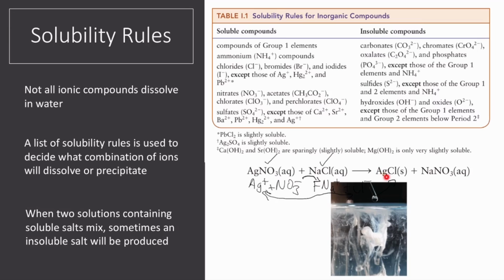Then we have silver chloride, and we see that chlorides are soluble, but there are exceptions, and silver is included, as well as mercury and lead. So this is a solid, precipitate, or insoluble, because it's an exception of chlorides. Finally, we have sodium nitrate, and we see that nitrates again are soluble with no exceptions.